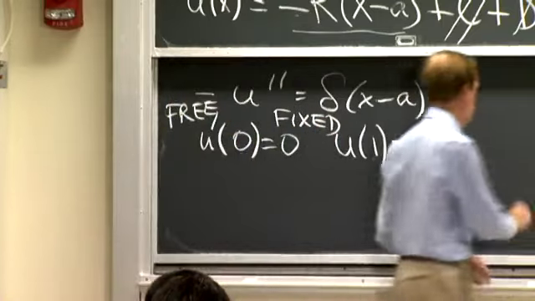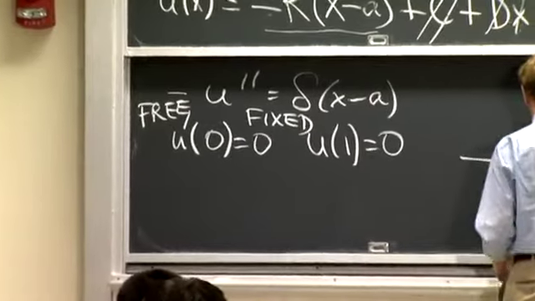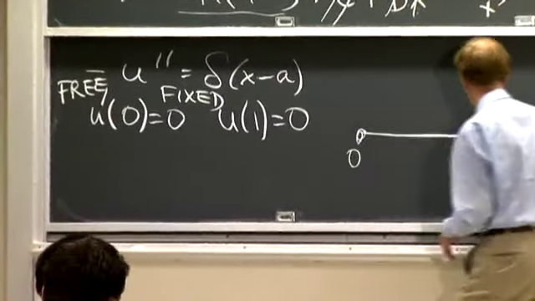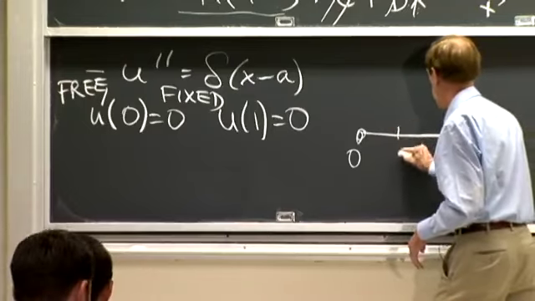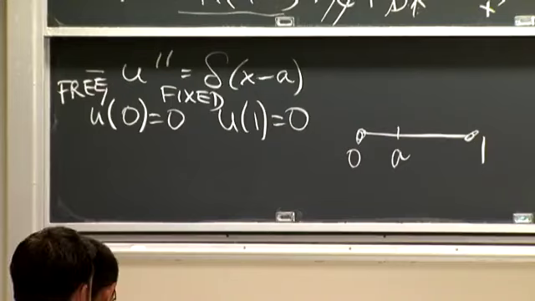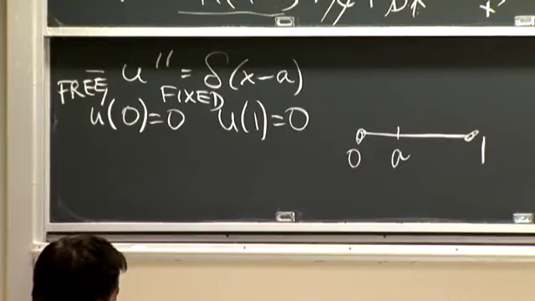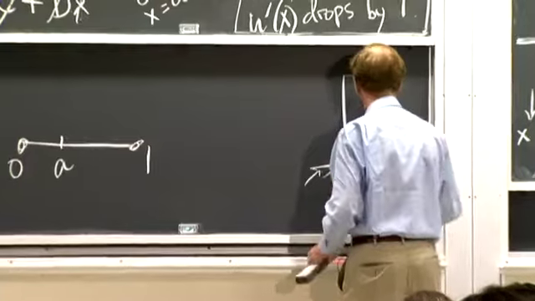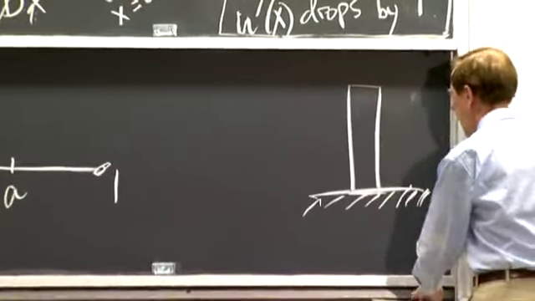Let me go straight to the picture of u of x. So there's x equals 0, there's x equal 1, here's the load at a. What's up? And while you're thinking about that, let me draw a picture to match this picture. A bar fixed at the bottom, but not at the top. Okay.